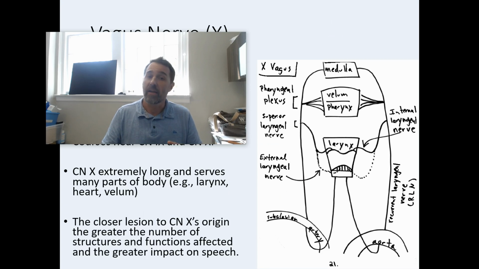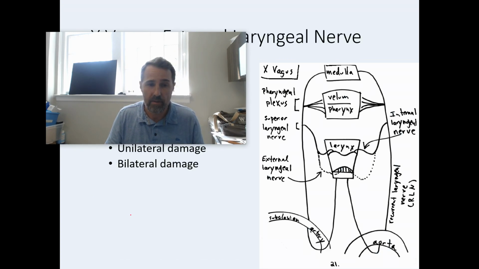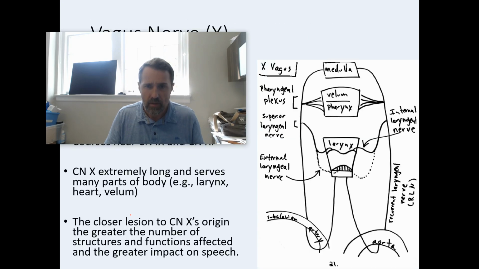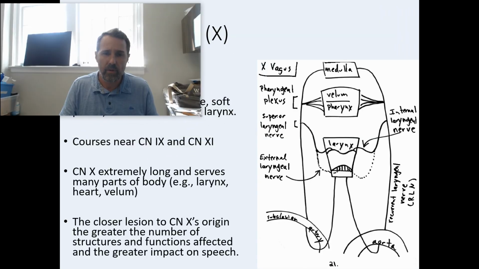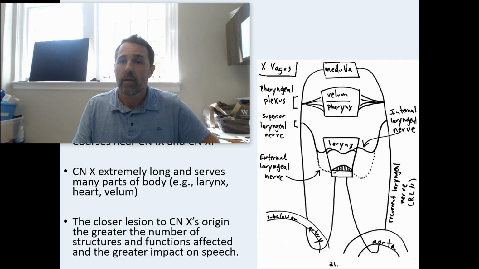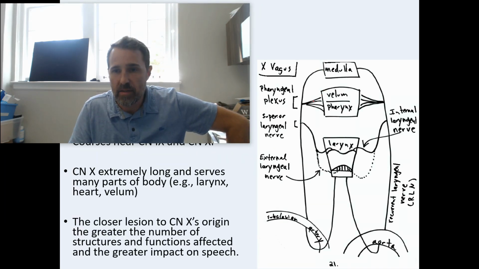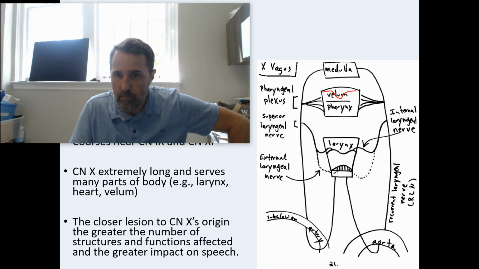All right, and now for the cranial nerve that everyone has been waiting for, the vagus. So quick review, you guys will remember that the vagus leaves the medulla and it innervates the velum, the pharynx, and the larynx.